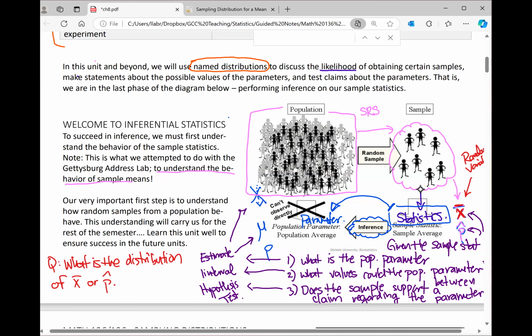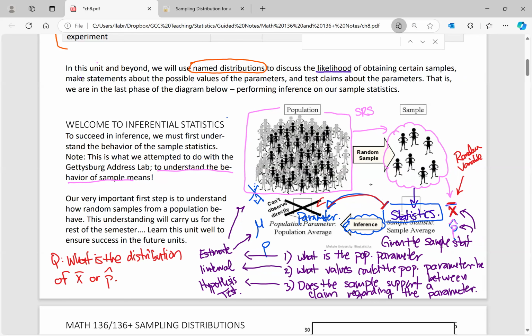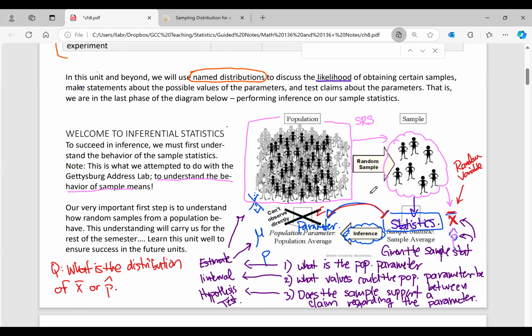And this one question is what allows us to finally cross this boundary from sample to population. And it's surprisingly simple, as we'll find out in the first section of this unit.